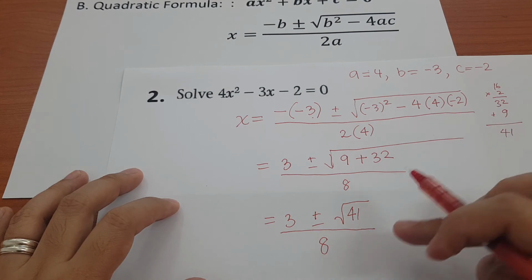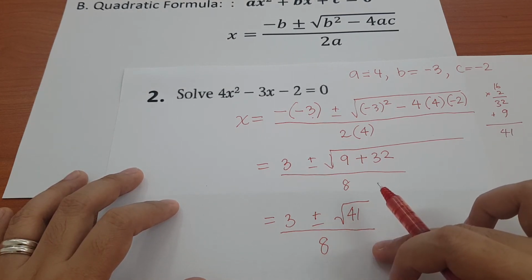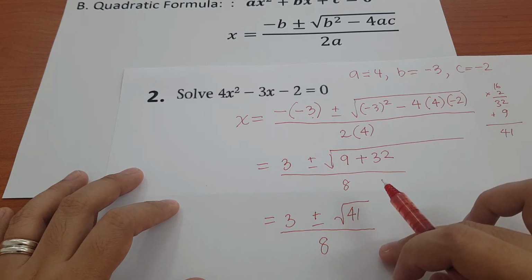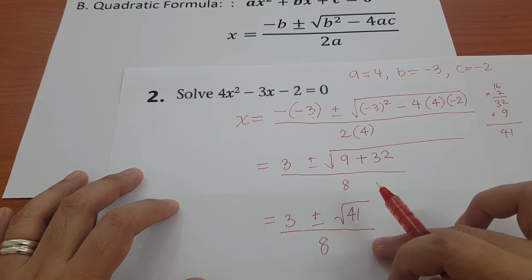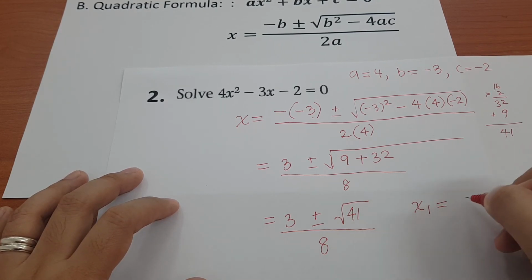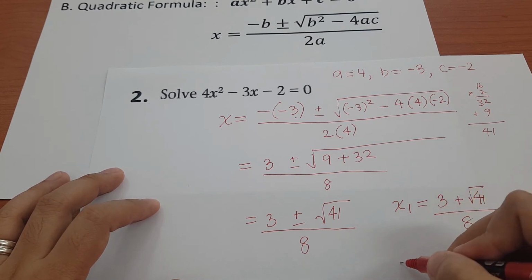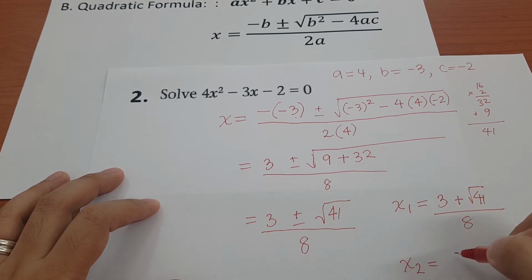Here we don't have a perfect square root of 41, so that means this is the last step. Hence, what are the values of your x? The first value of x is 3 plus the root of 41 all over 8, and the second value of x is 3 minus the root of 41 all over 8.